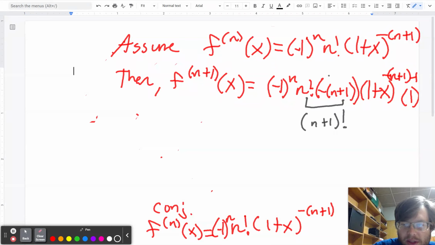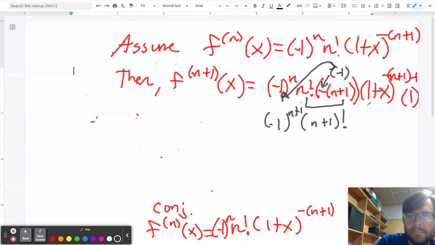I'm noticing that this negative right here is really another negative 1. And so those link up to make negative 1 to the n plus 1. And I'm noticing that here we have 1 plus x to the negative n minus 1 minus 1.